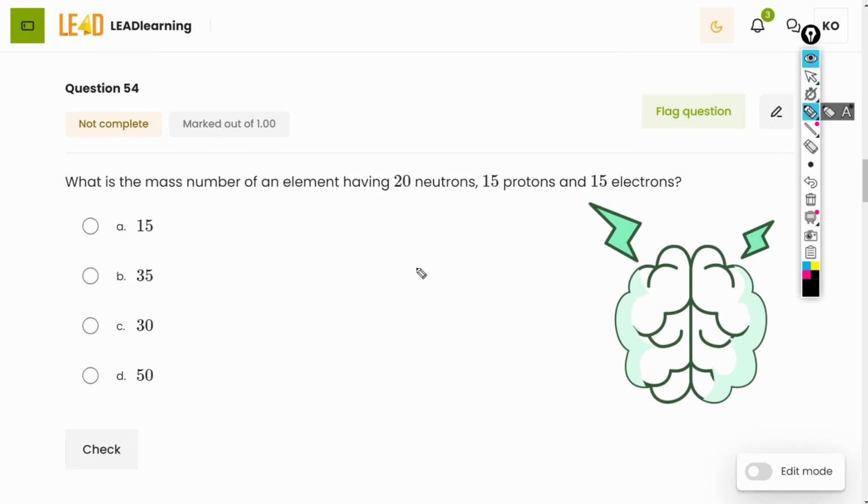Question 54. What is the mass number of an element having 20 neutrons, 15 protons, and 15 electrons? Now we ask ourselves, what is the definition of mass number? Mass number is simply the sum of protons and neutrons in the nucleus of an atom.